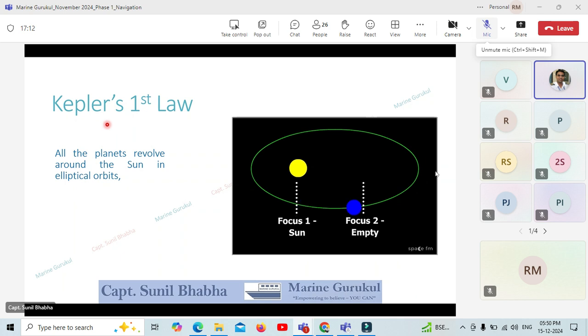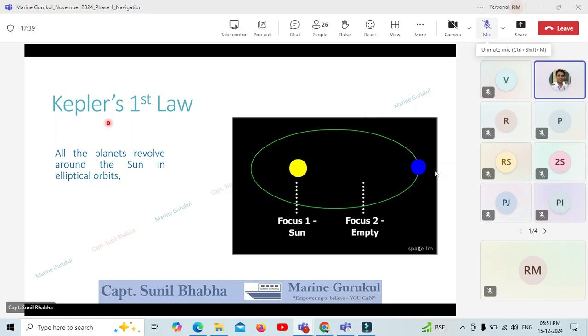Now before Kepler, people used to believe that the orbits of planets are circular, but Kepler with his observations proved that these orbits are not circular but elliptical. Though the ellipticity of these orbits is very, very less, they are very close to a circular shape, but still they are not exactly a circle.